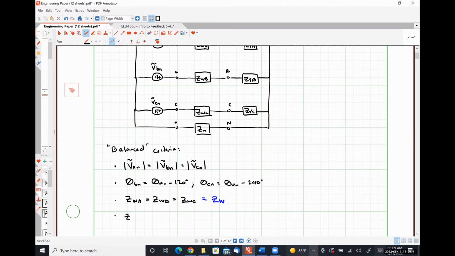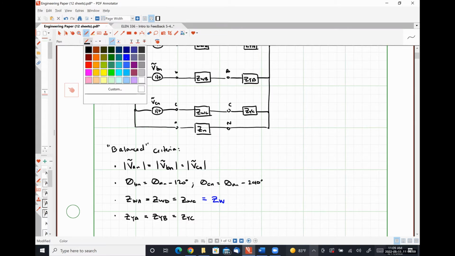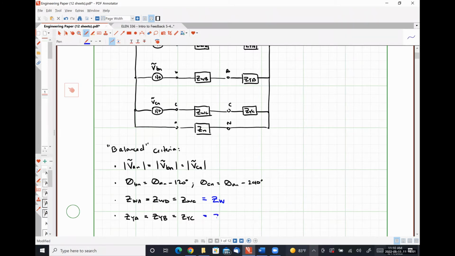And then lastly, for our load, we are going to need to have our load impedances be of equal value as well, such that ZYA, ZYB, and ZYC are all the same thing. And we'll introduce simply this as ZY in a little bit. So under these specific criteria, we have a balanced 3-phase YY system.